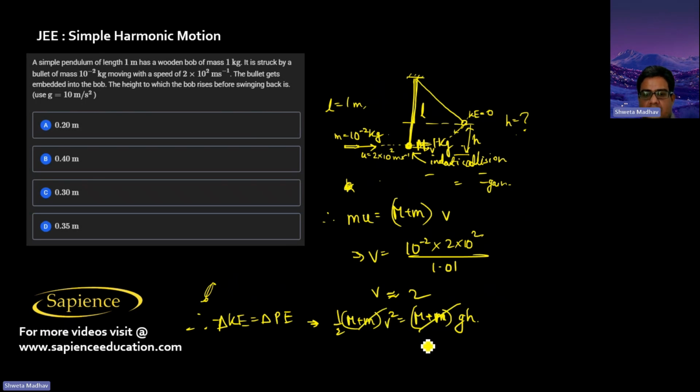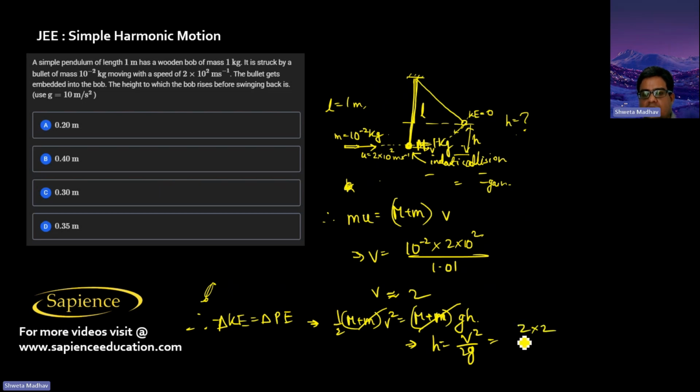M plus m will get cancelled, so h should be equal to v square by 2g, which is 2 square, that is 4, by 2 into 10. So it will be approximately 0.2 meter. So till 0.2 meter height it will rise. So option A is the correct answer.